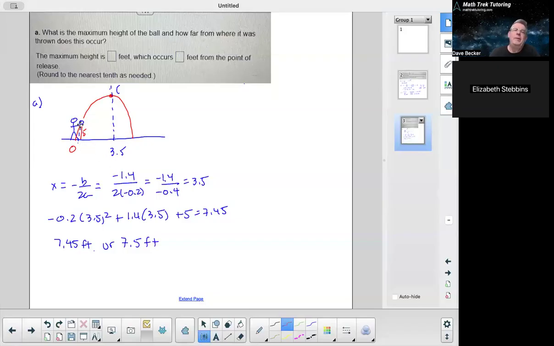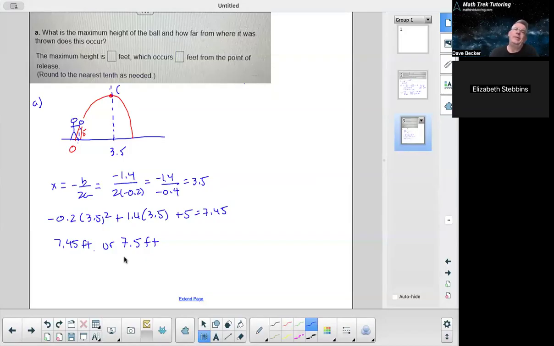So we have to find what corresponds to a height of 5, a y coordinate of 5, 5 feet high, which you can plug into your quadratic.